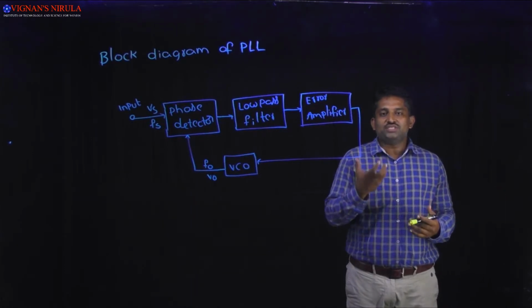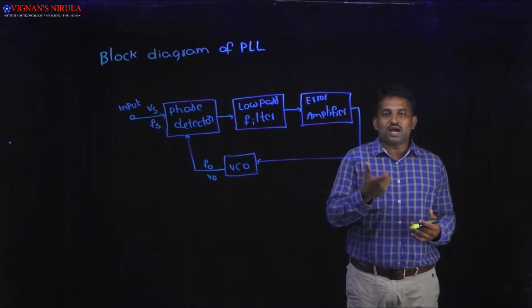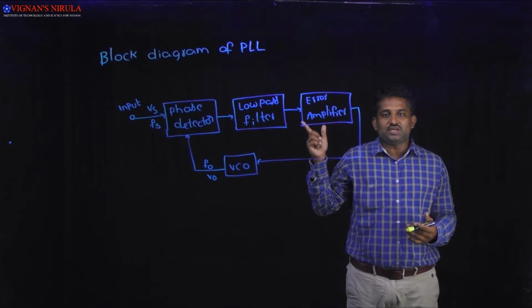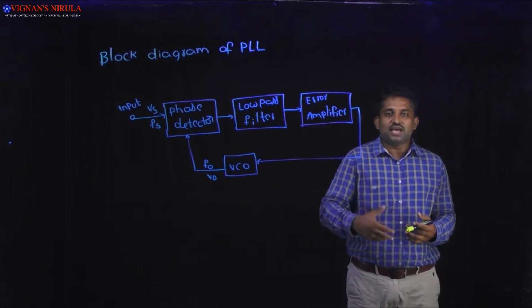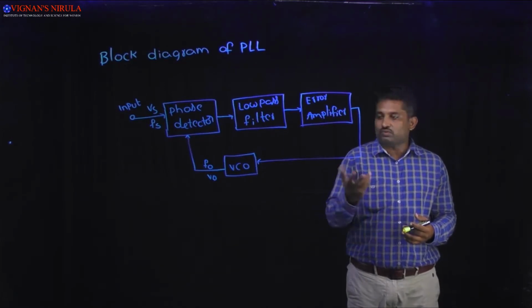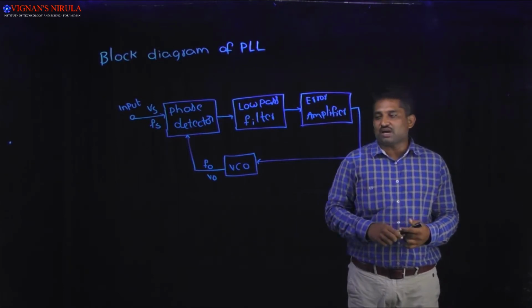VCO maintains a linear relationship between the applied input voltage and the output frequency, and that applied input voltage is also called the error voltage or control voltage. VCO is also called a voltage to frequency converter.